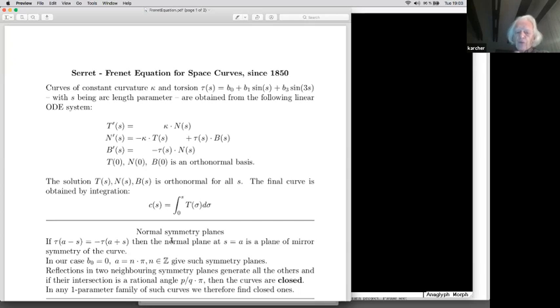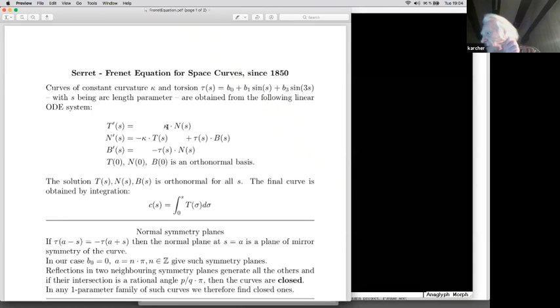And therefore, if you integrate the first one, you get a curve which has this curvature and this torsion. I didn't write kappa of s here because we will only be concerned with constant curvature curves today.